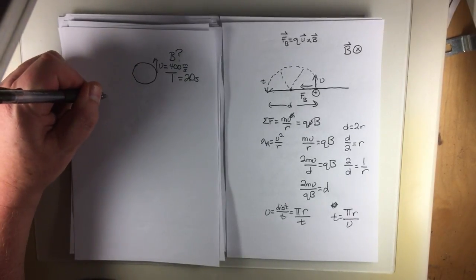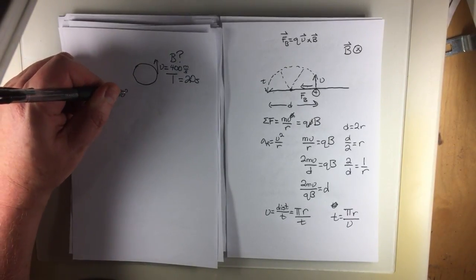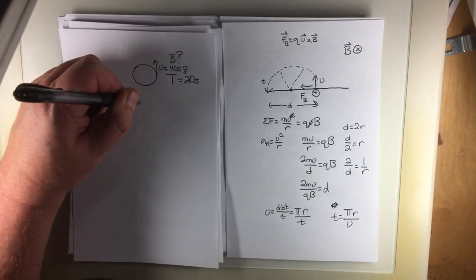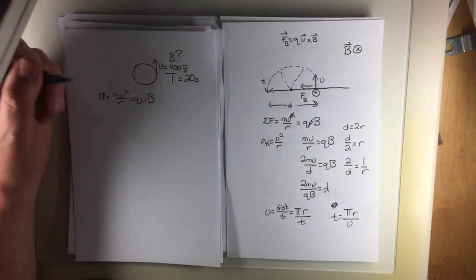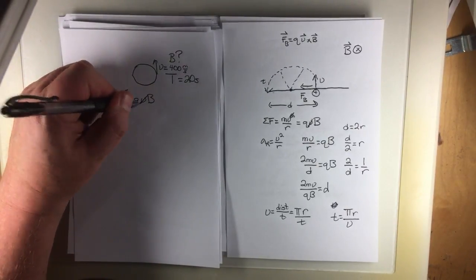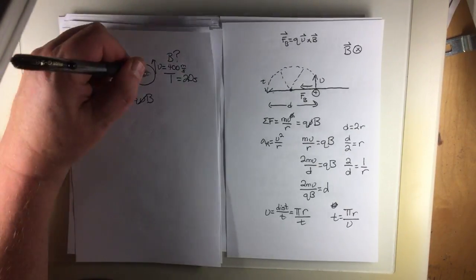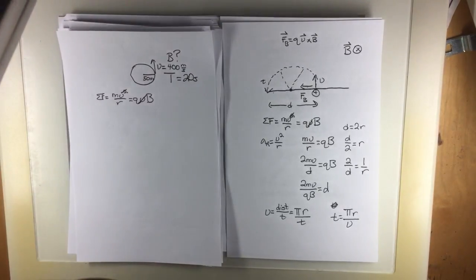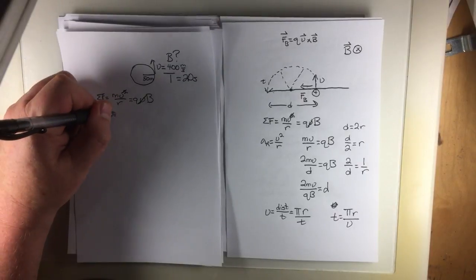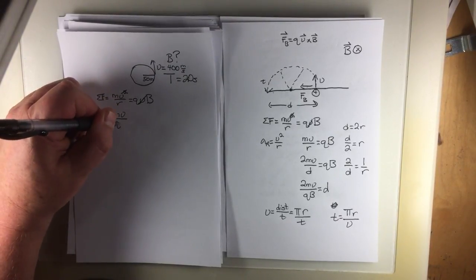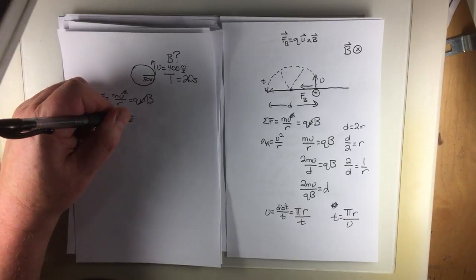The circular motion says that mv squared over r is the sum of the forces, and that is equal to qvB. We may end up needing r. If I do need r, let's say it is 50 meters. So then mv over qr is equal to B.